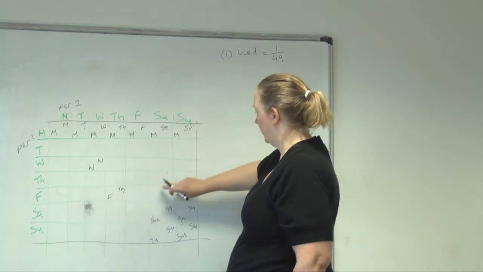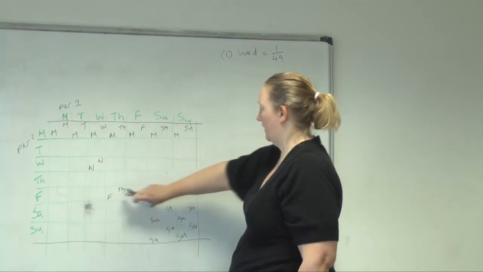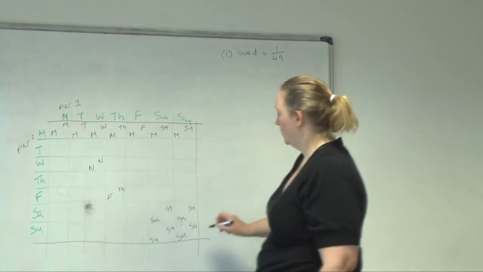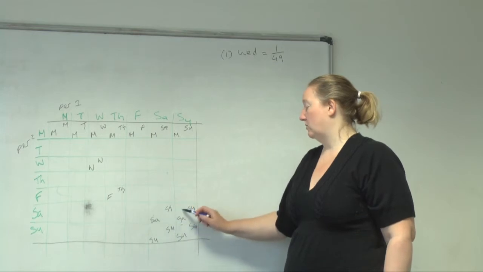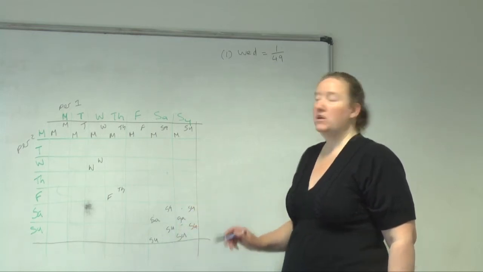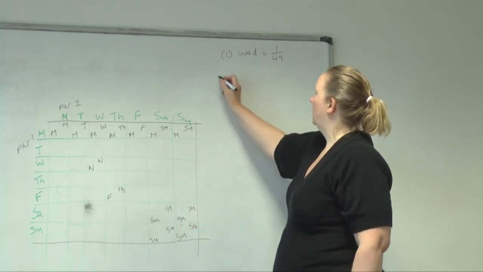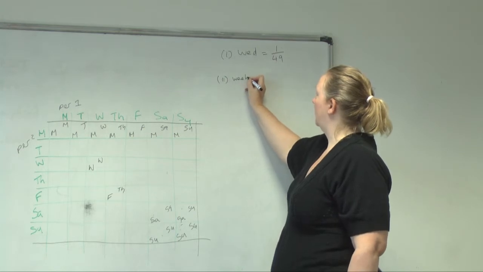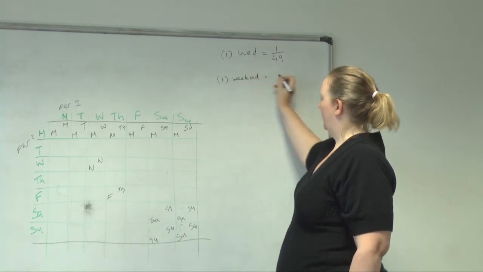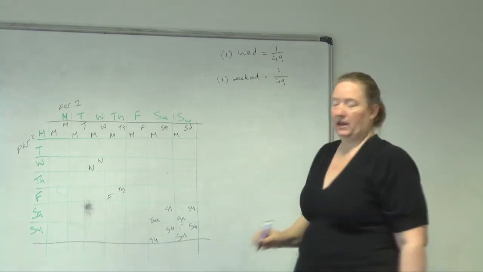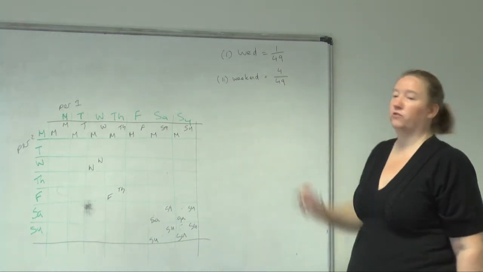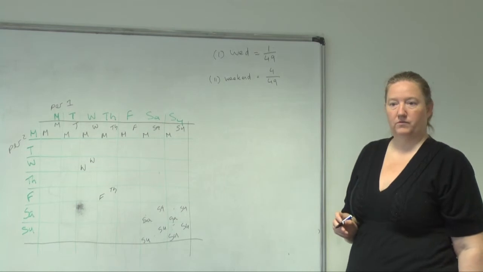This doesn't work because that would have a weekday involved. So the only squares that have all weekend days are those 4 squares there. So your answer to number 2, the weekend, is 4 out of 49. Okay, because there's 4 possible squares and 49 is the total. Okay?